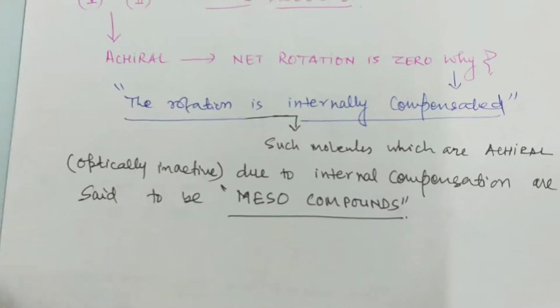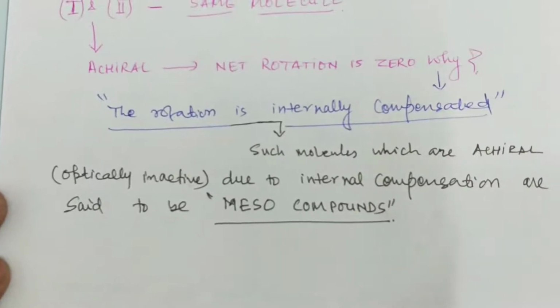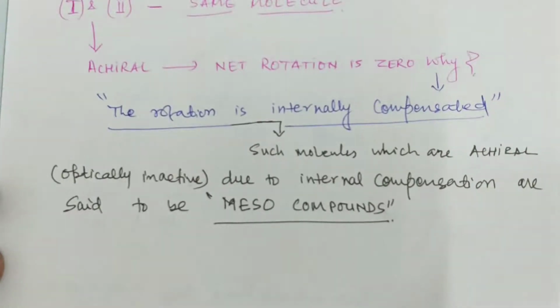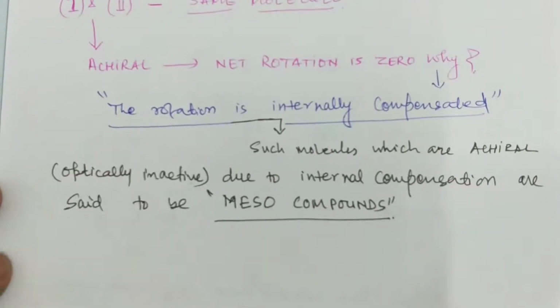One more situation where there is optical inactivity, meaning an achiral mixture, is the racemic mixture, when you have taken 50 and 50% dextro and levo forms. So the compound 1 which is shown, what is the relation between 1 and 2?